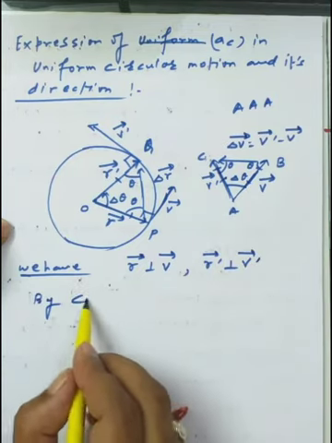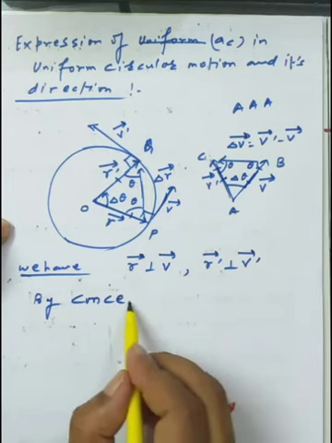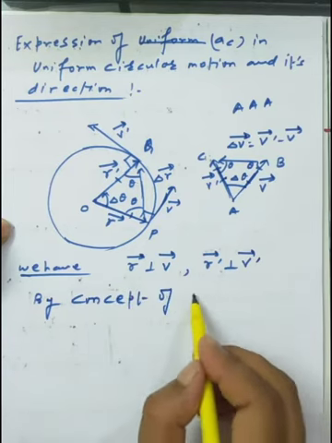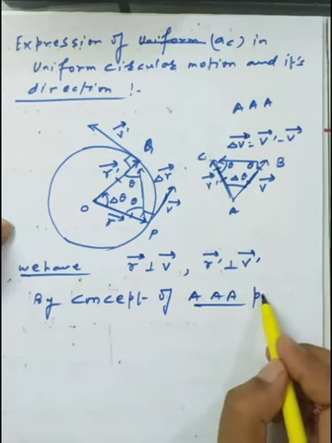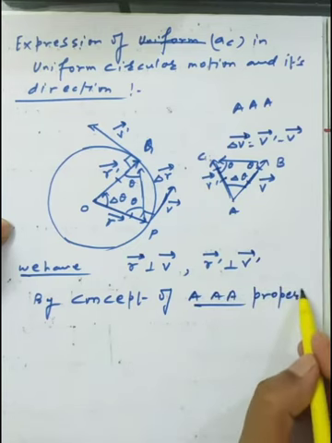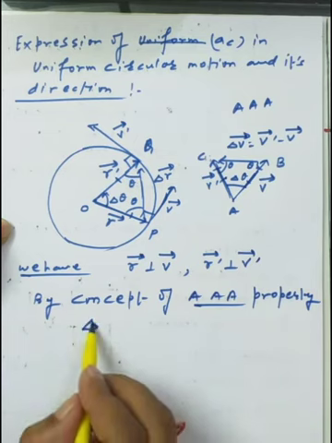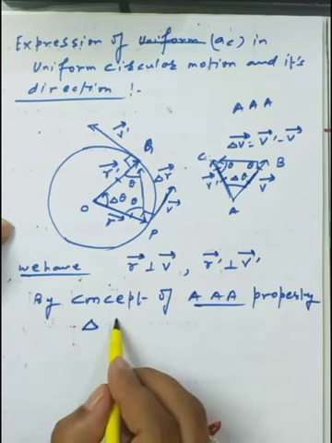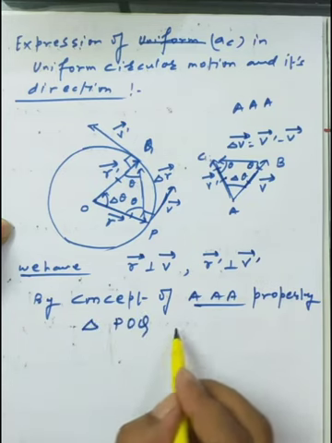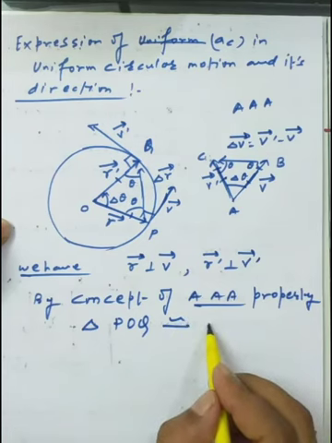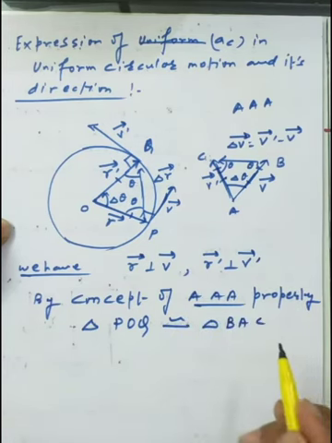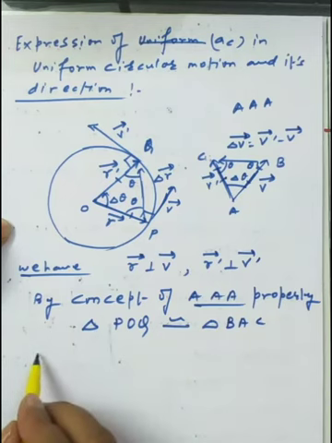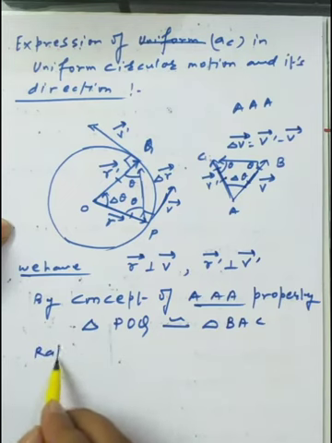By the concept of AAA property, triangle POQ is similar to triangle BAC. Okay.